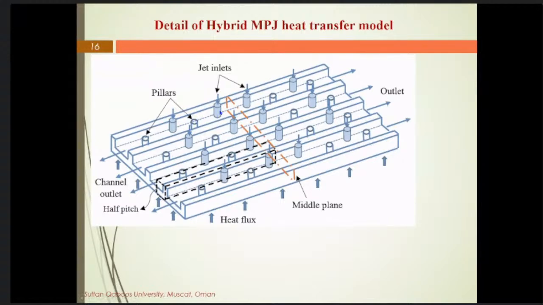So it is a kind of hybrid process: one is the jet, then we have the passive enhancement, and that is happening in a micro channel. So it is having three effects: the micro channel itself is good for the heat transfer process, and then we have the jets, and then we have these micro pillars.